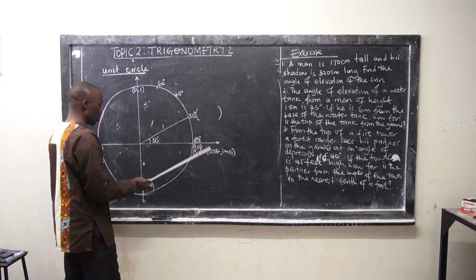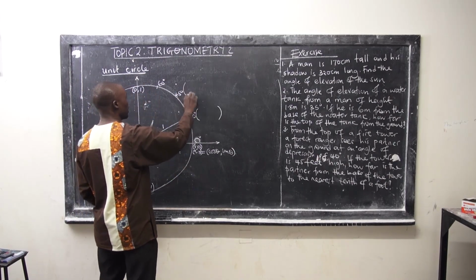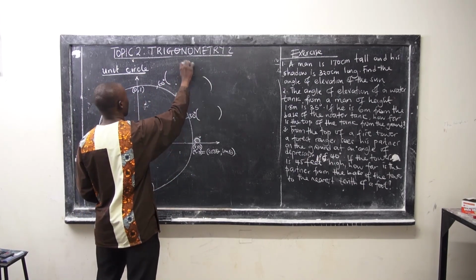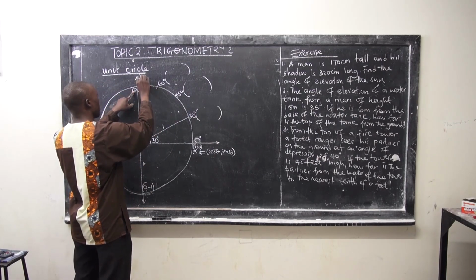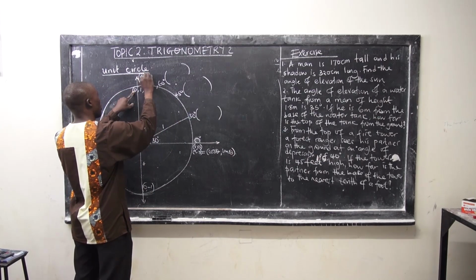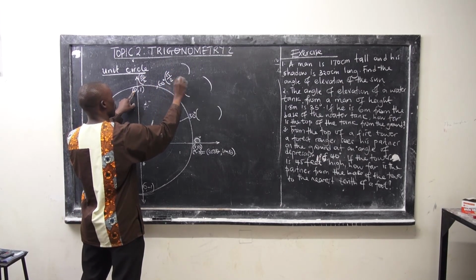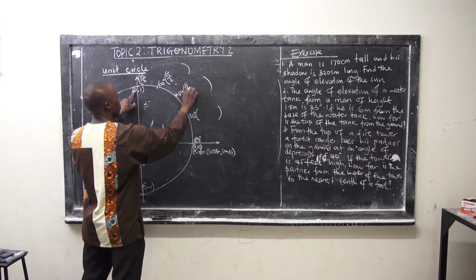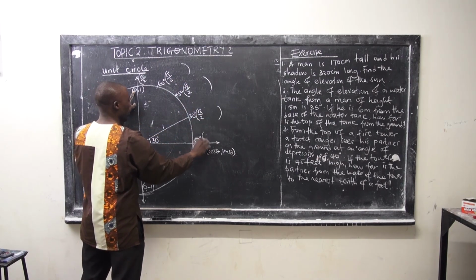But there is a simple way you can arrive at those coordinates in each section. Looking at this point as 0, every other unit will be root 0 out of 2, the next one root 1 out of 2, the next one root 2 out of 2, the next one root 3 out of 2, and the last one root 4 out of 2.